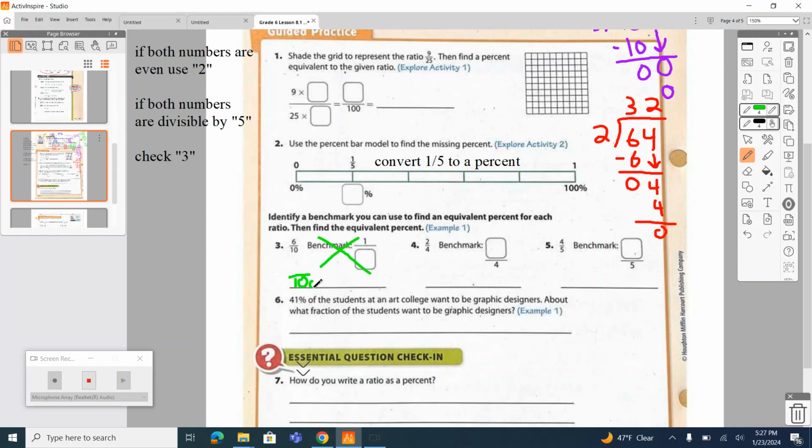I want you to convert 2/4 to some number over 100. And I want you to convert 4/5 to some number over 100. And then I want you to do problem 6. So I'm going to give you a moment. I want you to pause the video, stop it, try these problems, and then check your answers.